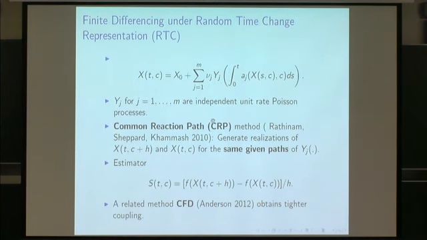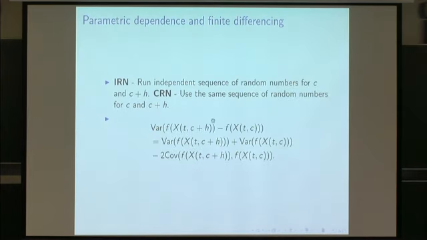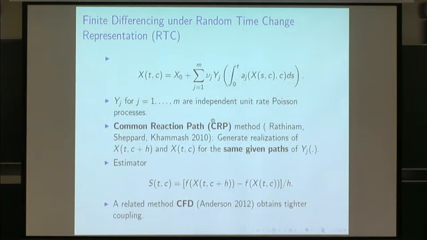Okay, so finite differencing under the random time change representation. So instead of just running the standard Gillespie algorithm with parameter c plus h, and then with parameter c, but using the same stream of common random numbers, if you actually try to follow this equation in spirit, so look at this equation.